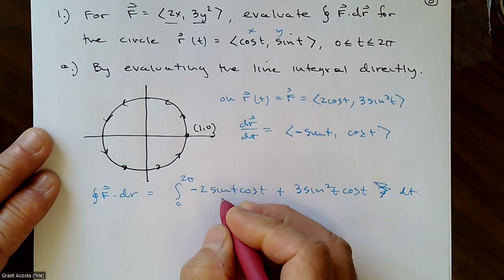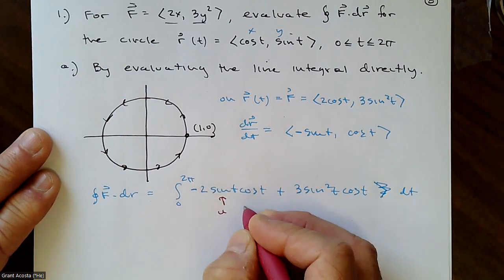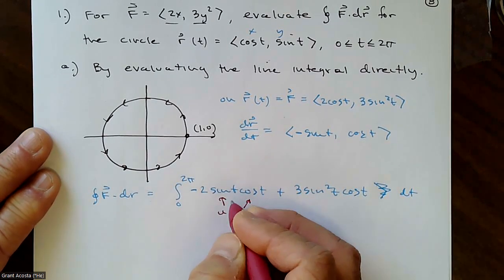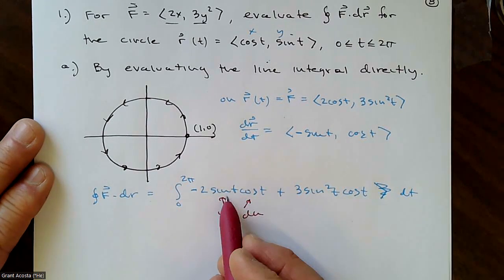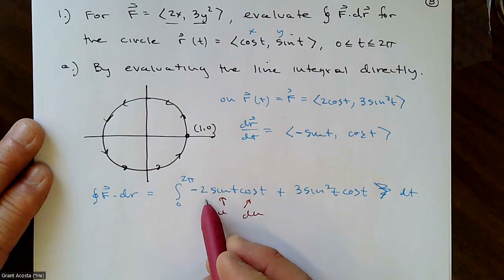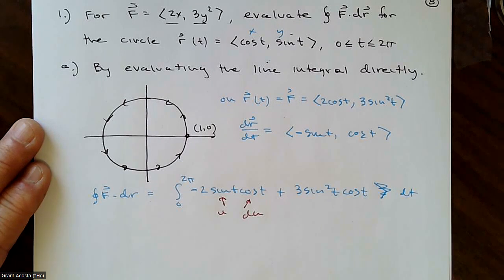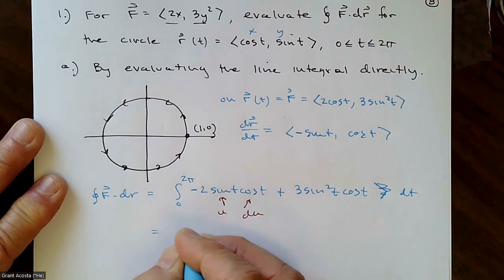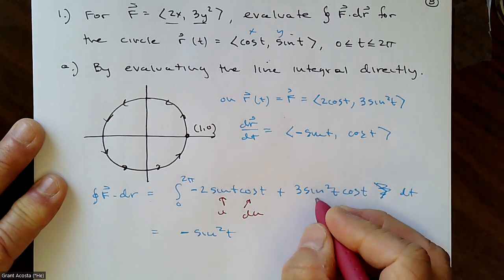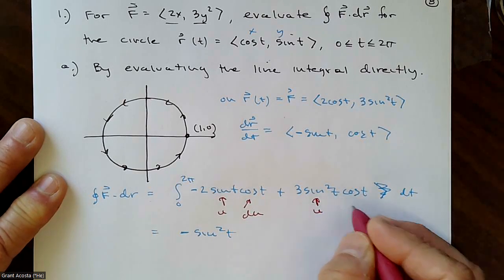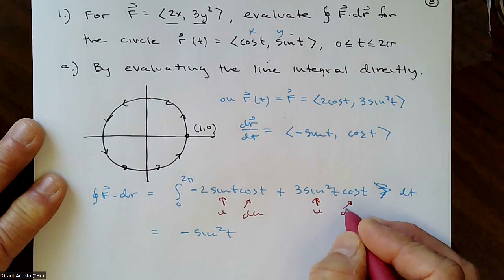Hopefully this isn't too bad, right? If I let this be u, that would be du. So that's just going to be u du, and so that's u squared over 2. So the 2's will cancel, and this first one is just going to be negative sine squared. I'm seeing a similar thing here. If I let u equal sine of t, there's your du.